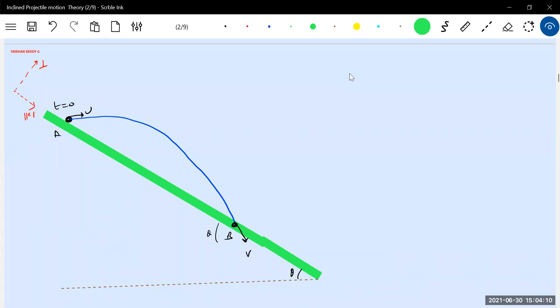Now, how will g act? Here also, g will act vertically down. So we'll go for resolving this. As we know, g is acting vertically down. This angle is theta.